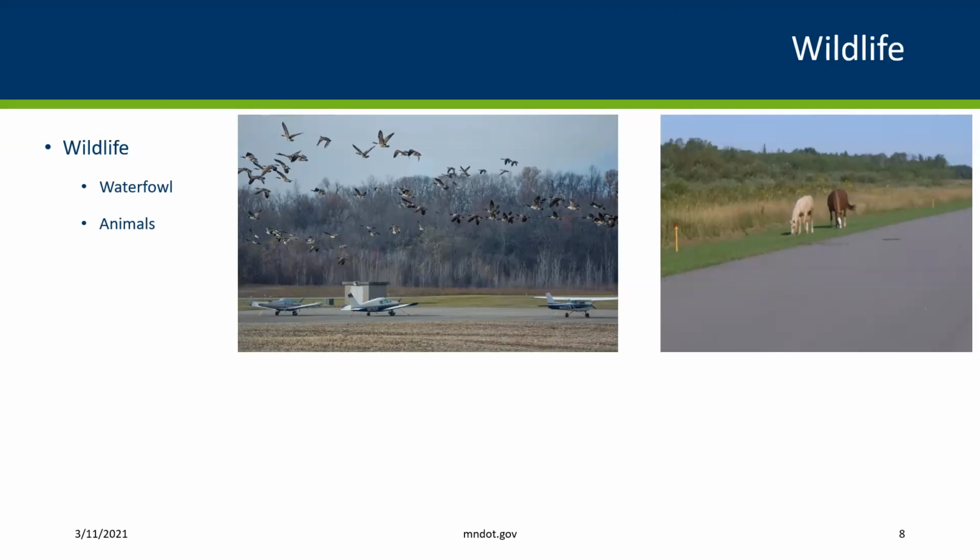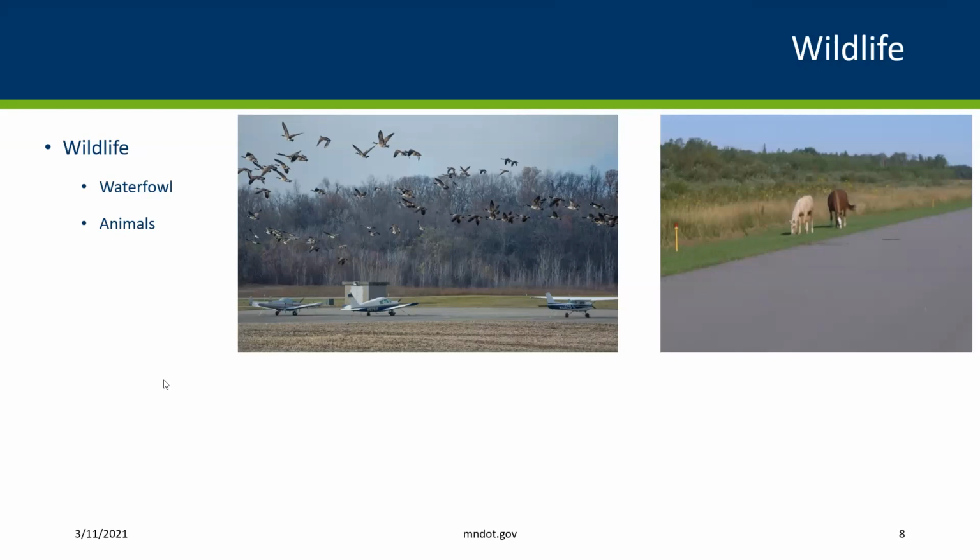It's non-standard stuff. We know there's probably going to be animals, and we're always alert for animals and birds. But if you know that you've got a heightened area of concern, whether it's migratory birds or a farm nearby where animals are getting out all the time, and you're doing your best to work with that farmer to contain them, we want to know that information.